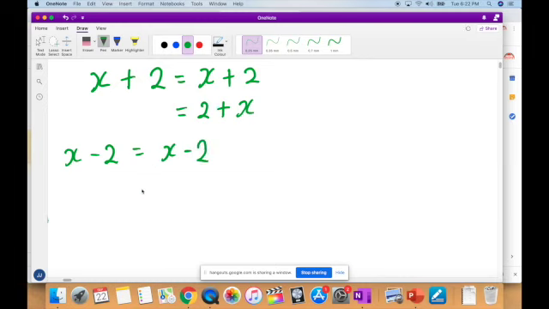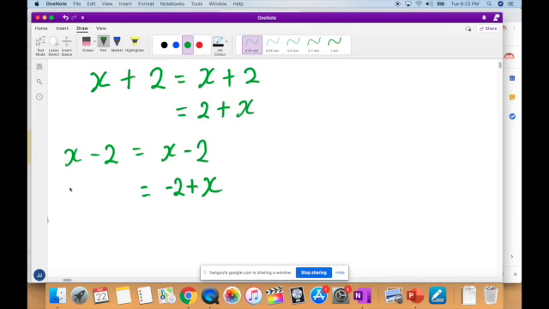I can write it the other way, you know. But each number must maintain its quality. So if this 2 is negative, I could put the negative 2 over here, and this x is positive, so I could put the positive x over here. So yes, I could rewrite it like that, because I am treating it like an addition rather than a subtraction.